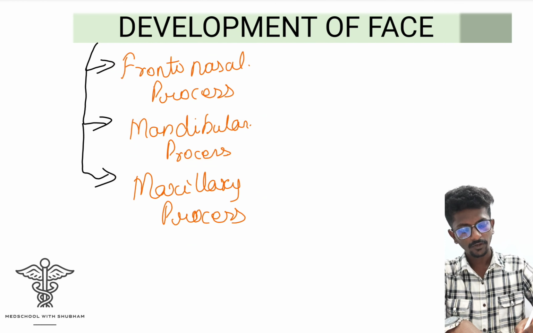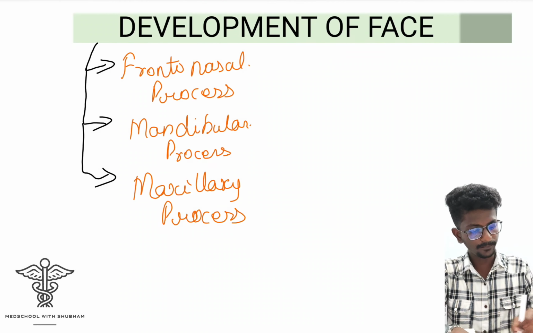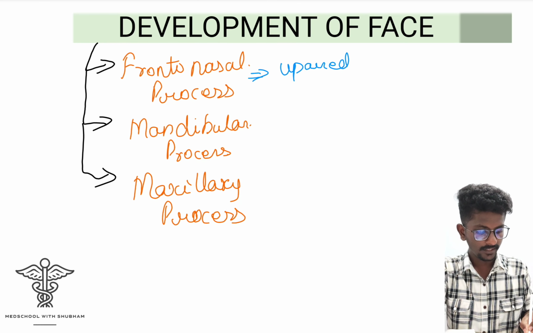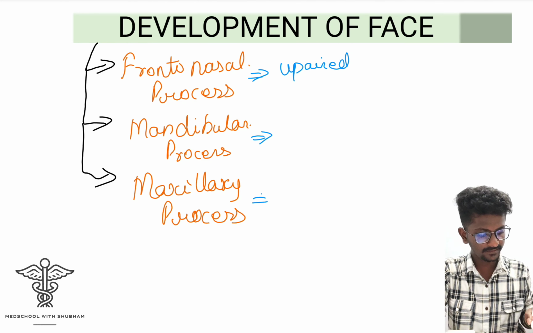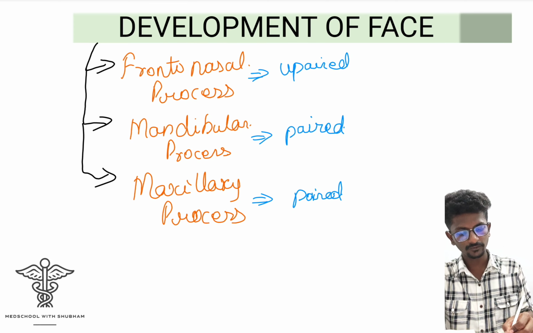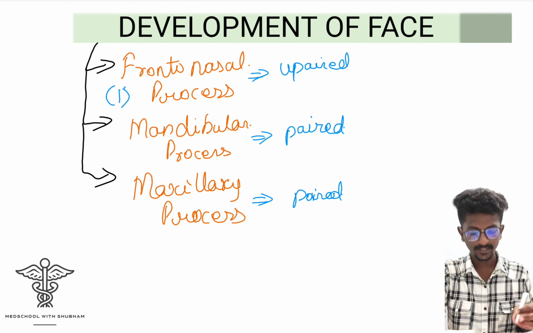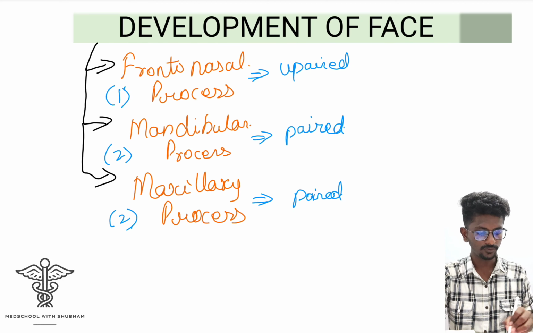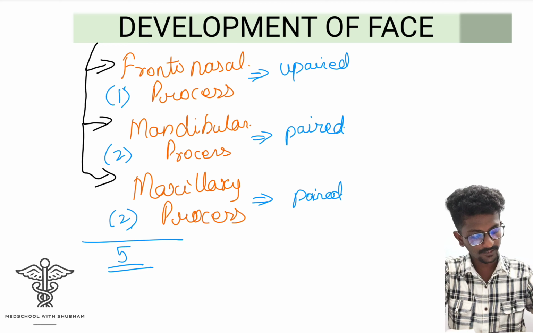Now this frontonasal process is unpaired, and the mandibular and the maxillary process are paired. So the frontonasal process is 1, mandibular process are 2 in number, and maxillary process are also 2 in number. So overall there are 5 components which are needed for the development of the face.